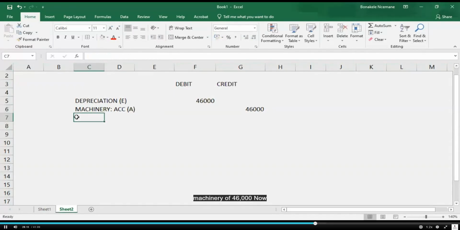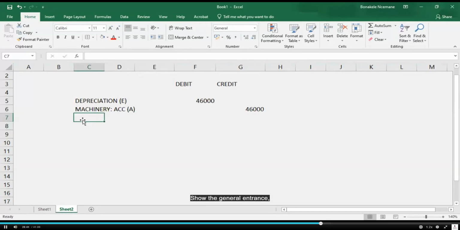of 46,000. Now your narration would be saying it's depreciation on machinery using a useful life of 5 years and a residual value of 90,000. But suppose there was already an adjustment for depreciation.